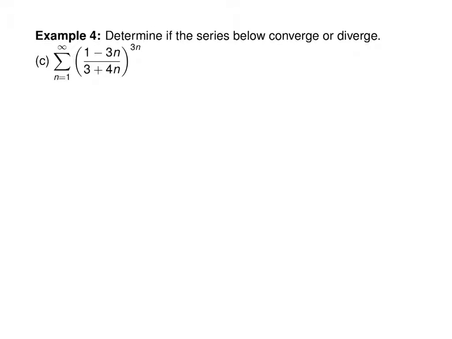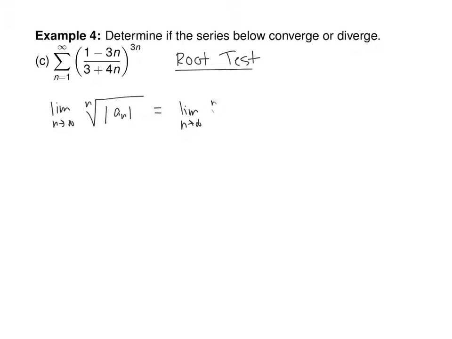Another pretty easy test to spot is the root test. So let's find the limit as n goes to infinity of the nth root of the absolute value of a_n. That's (1 minus 3n over 3 plus 4n) to the 3n.